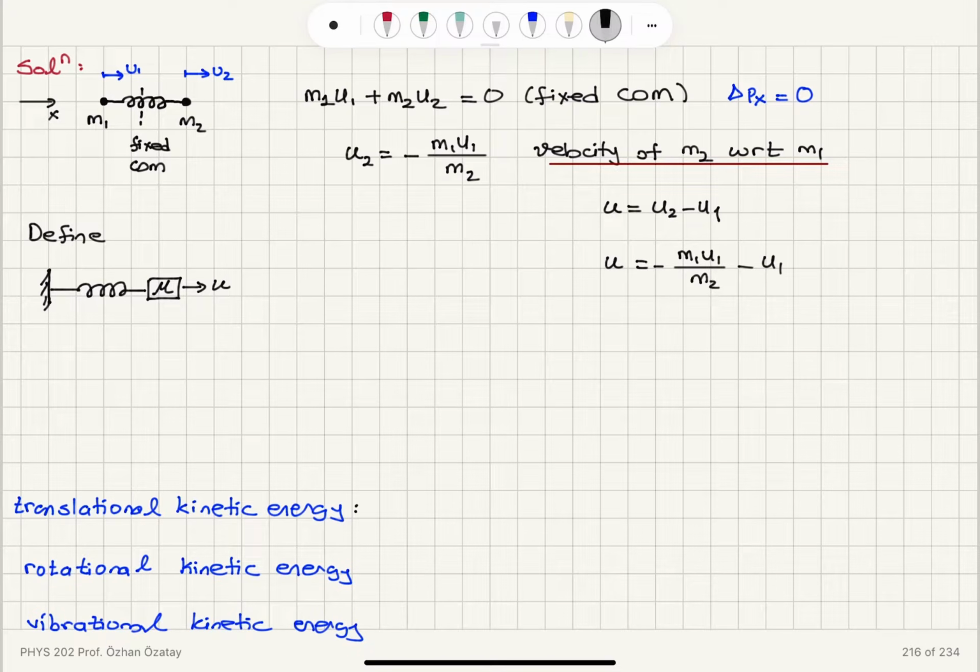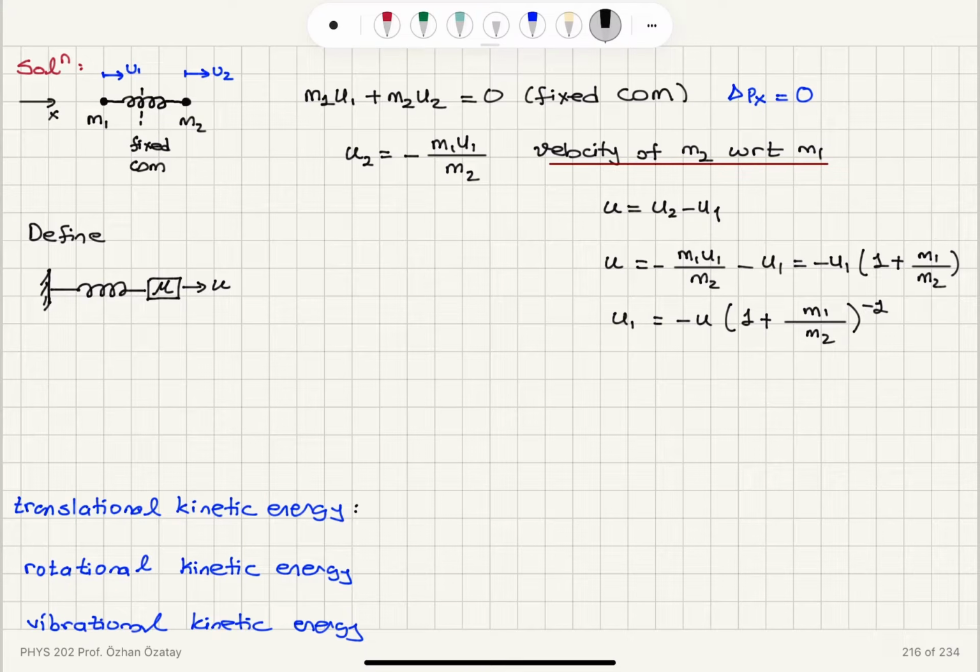So we can write this as u equals minus u1 times (1 plus m1 over m2). And you can see that u1 can be written in terms of u as minus u times (1 plus m1 over m2) to the power minus 1.